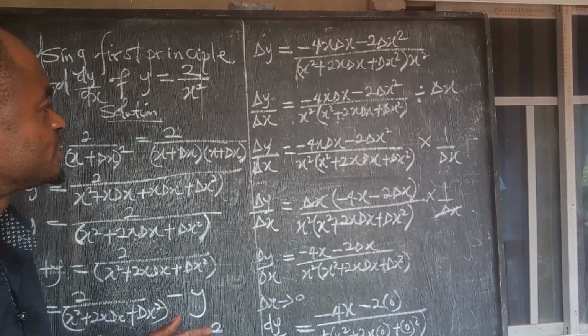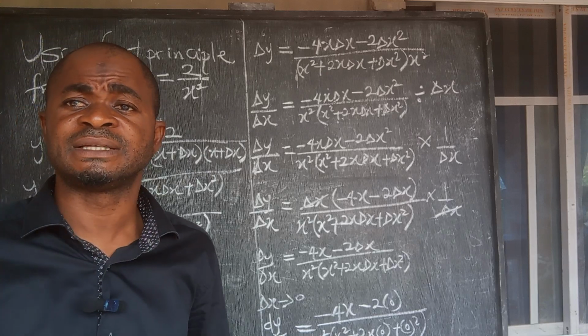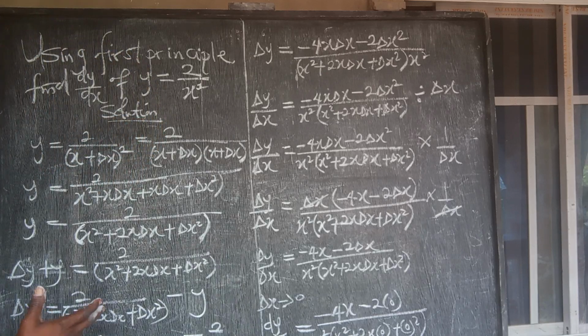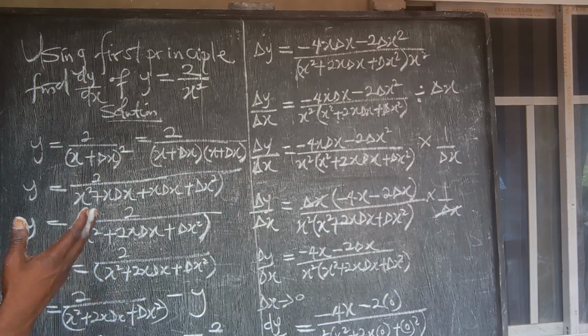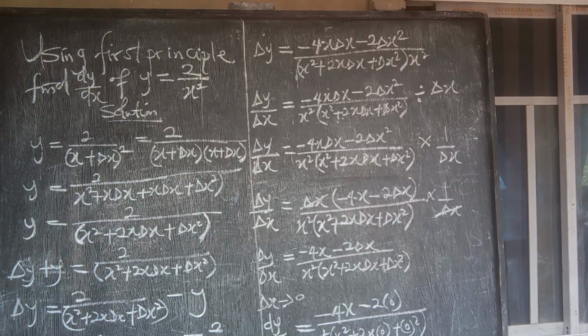And that is the end of this question that says using first principle to find the derivative of y equals 2 all over s squared. That is the first principle for you. When we reach other techniques, we should be able to understand them.